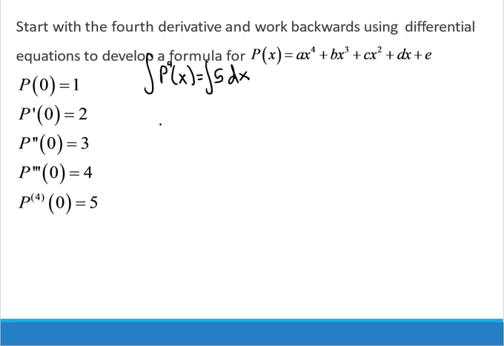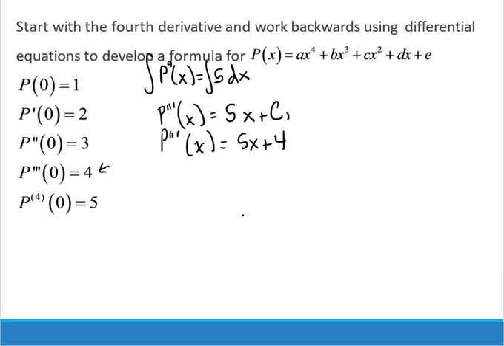Now this may not be the best notation. Plugging in this point, I get the formula for my third derivative to be 5x plus 4.